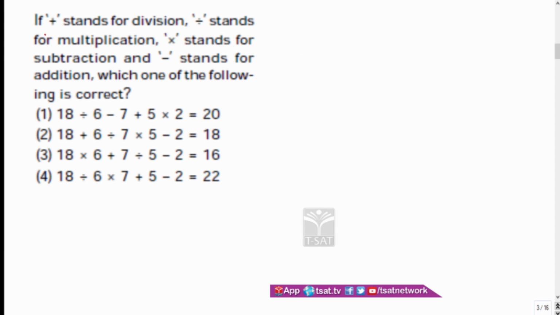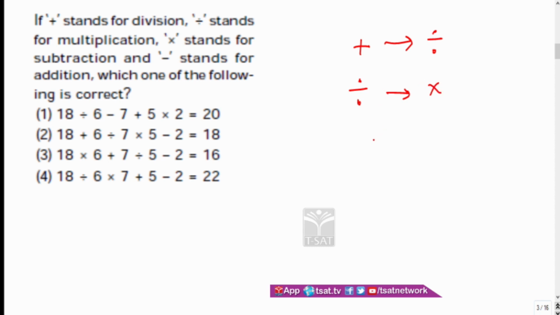See here, if plus stands for division, you have to interchange these positions. Wherever you see this plus symbol, you now have to apply division. In the same way, division stands for multiplication. So wherever you see the division symbol, in the place of this symbol you have to multiply.